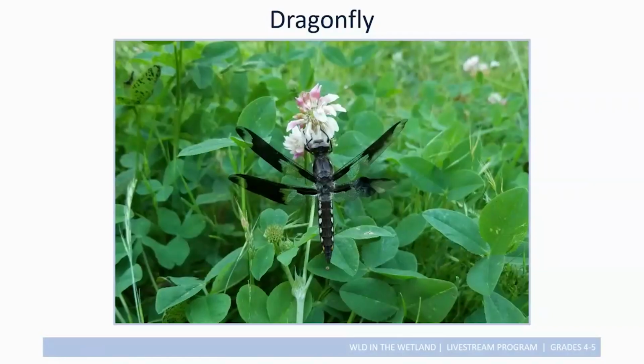And eventually they grow up into these adult dragonflies that fly around the wetland. And then the cycle continues because those adults will lay their eggs in the water. So without water, dragonflies would not be able to survive in our wetland if there was no clean water.